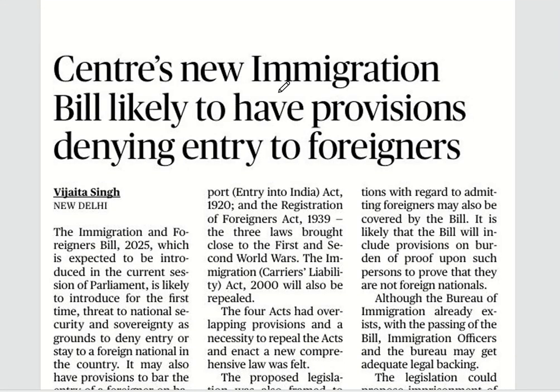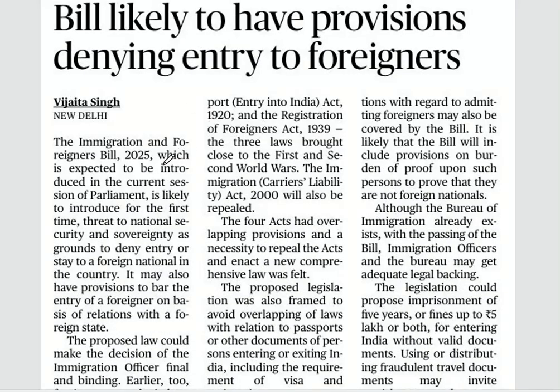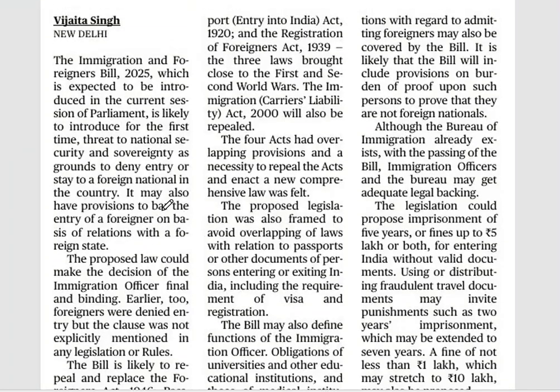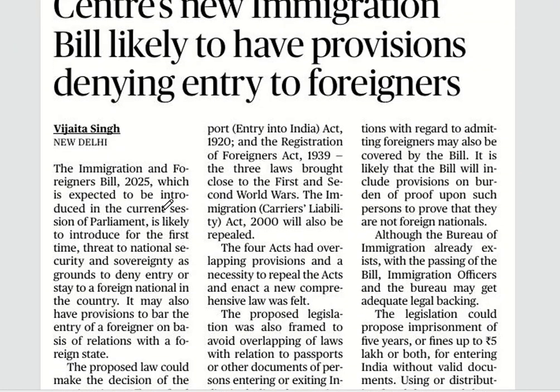This is a new immigration bill likely to have a provision denying entry to foreigners. If you want, I will clear this in an upcoming video. The Immigration and Foreigners Bill 2025, which is expected to be introduced in the current session of Parliament, is likely to introduce for the first time national security and sovereignty as grounds to deny entry or stay to a foreign national in the country.